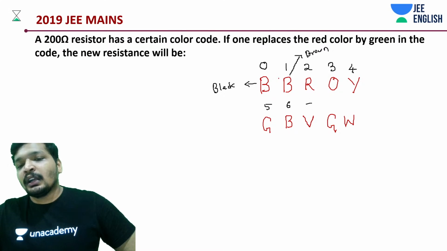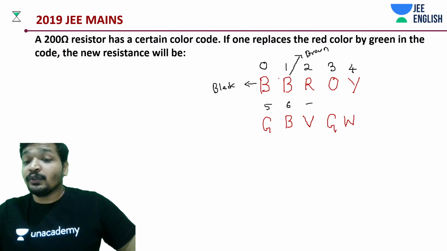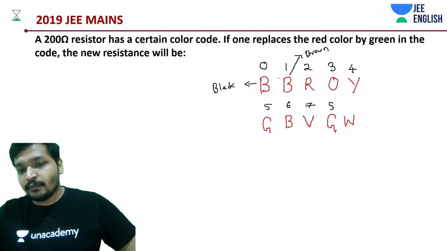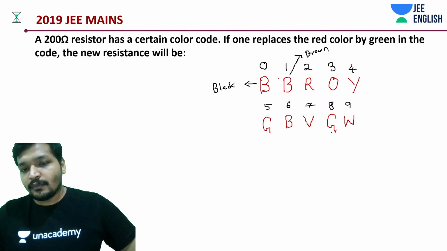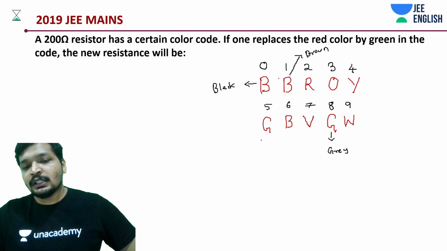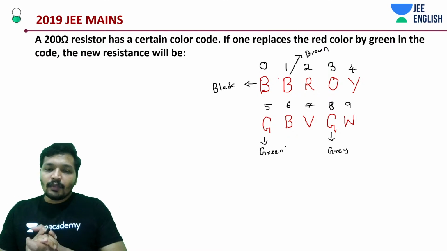First one is green, do remember that. Second one is gray. If you're noticing 2 G's, don't get confused. You need to remember this.